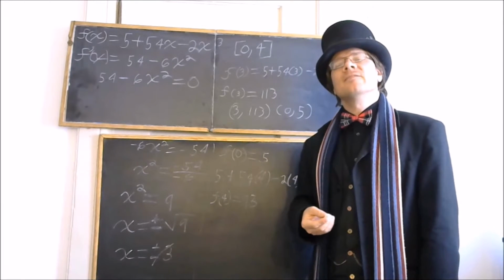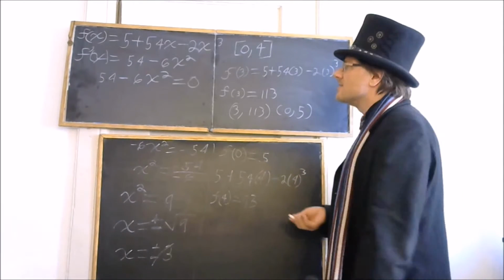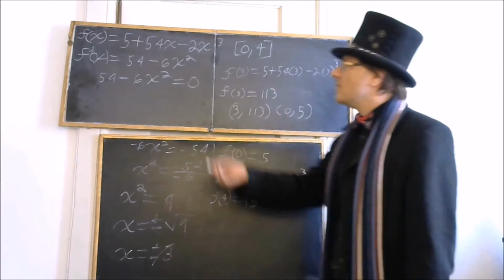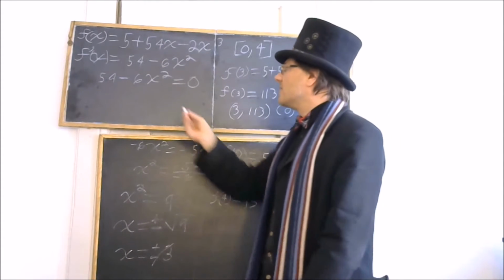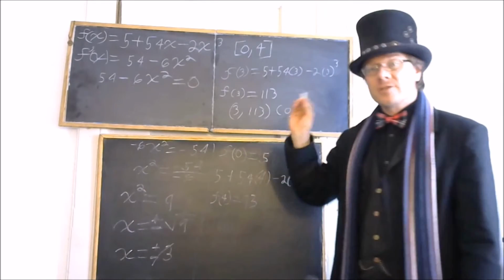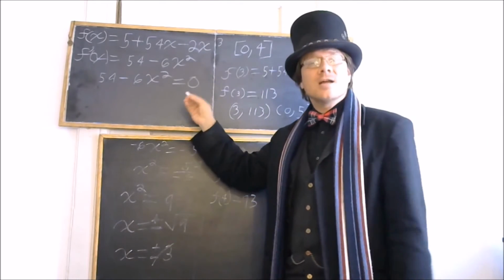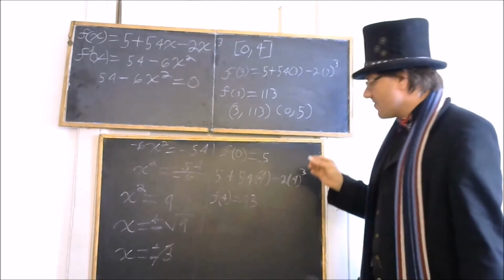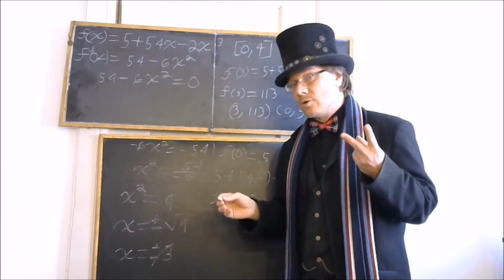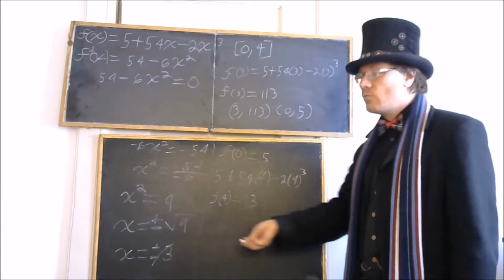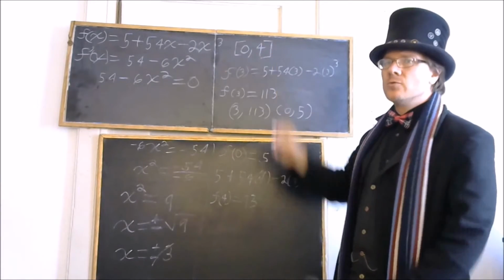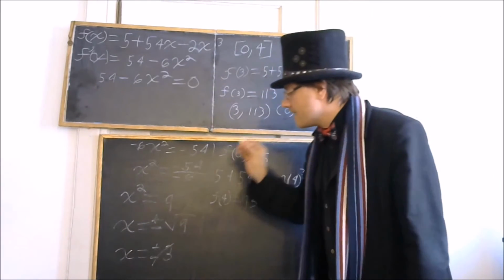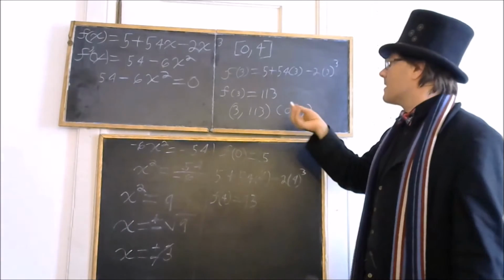And so, to give you a brief conspectus of everything that's been done here thus far, we've taken the derivative of the original function, we've set that derivative to 0, and we've solved for x, and that gave us 2 critical points, plus and minus 3. We found that the negative 3 was not in the interval, so we threw that one out. And the positive 3 was, so we kept it.